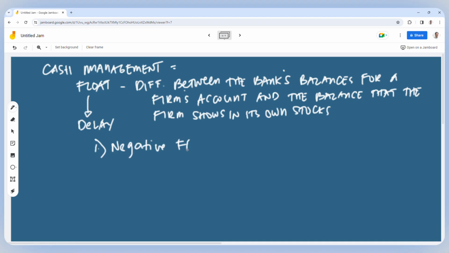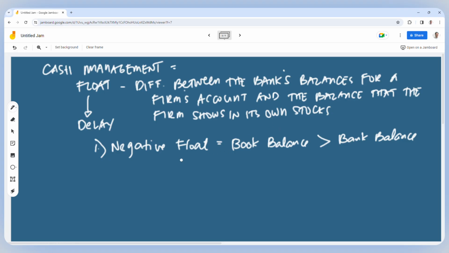Okay? We have here what you call negative float and yung ating positive float. But before that, what do you mean of negative float, no? Yung book balance mo daw, okay? Yung book balance mo daw exceeds, ibig sabihin, mas malaki yung book balance mo with our bank balance. Alam niyo kung bakit?